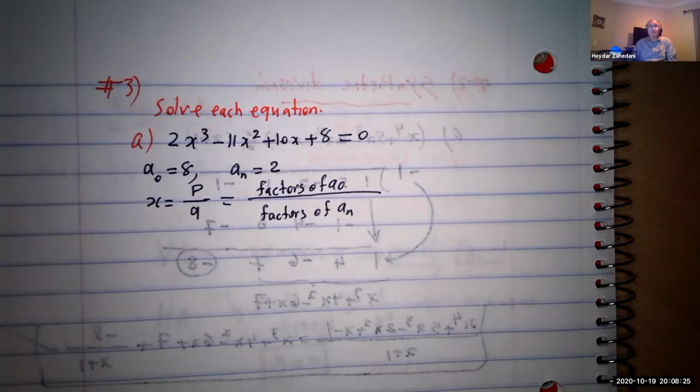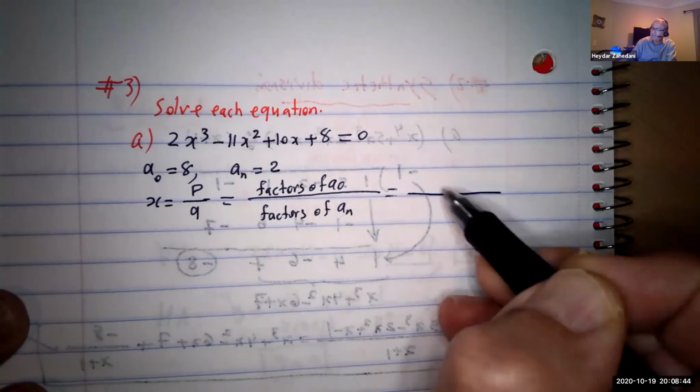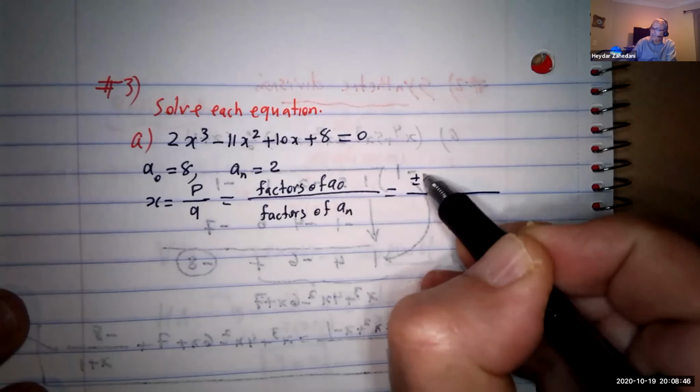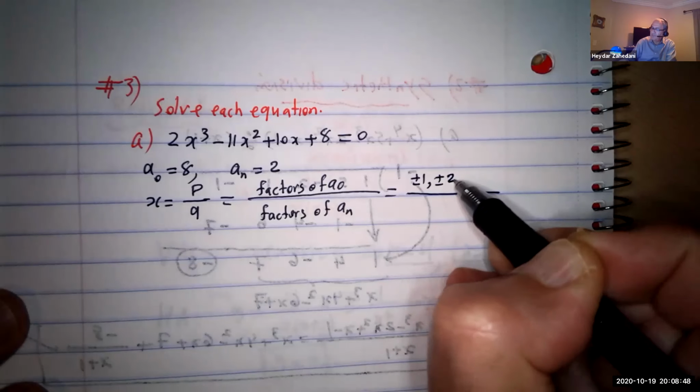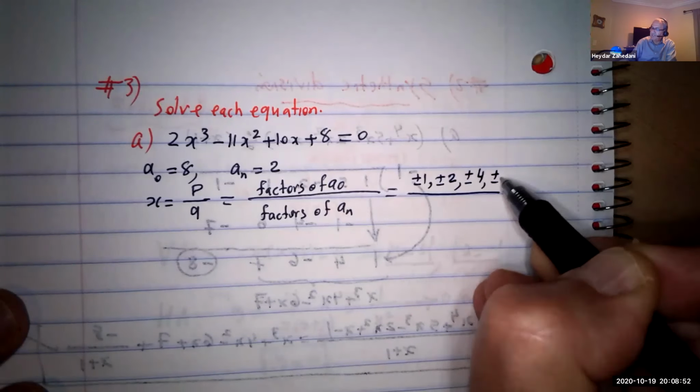The constant term goes on the top, don't miss it. a0 is 8. Then you check 8 is divisible by 1, 2, 4, and 8. So just use positive and negative: plus or minus 1, plus or minus 2, plus or minus 4, and plus or minus 8.